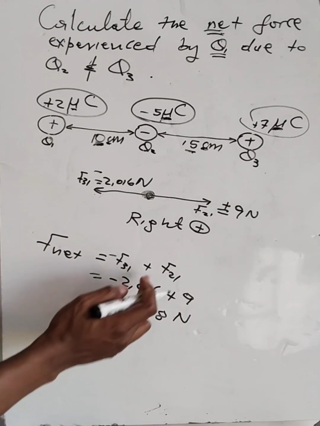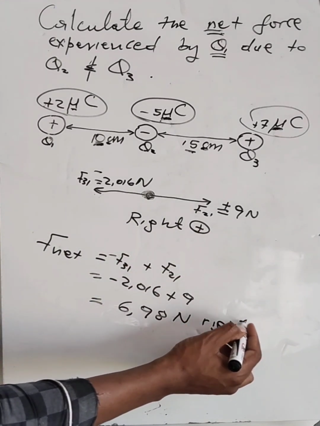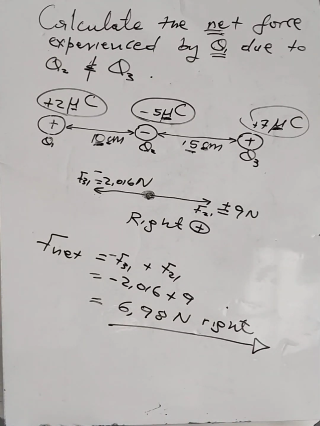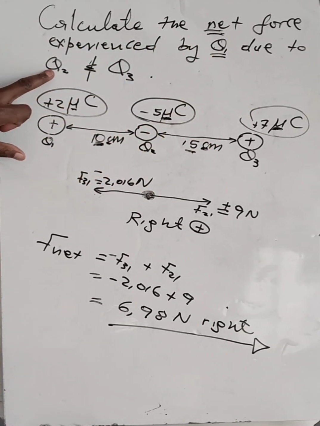The answer is positive. Since right must be positive, it means to the right. Then we get the net force exerted on Q1 by Q2 and Q3.